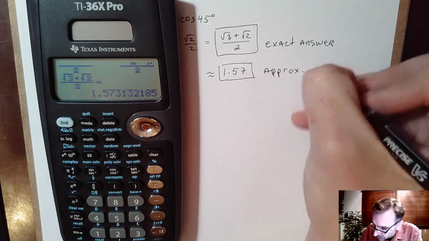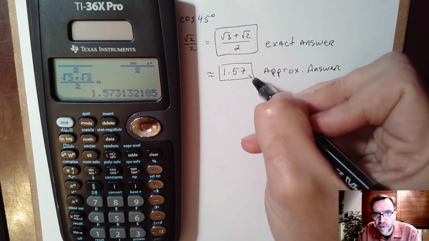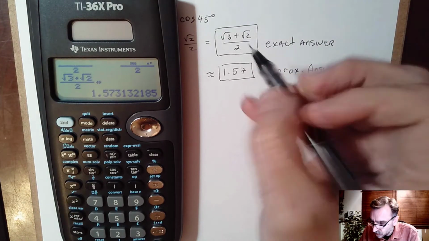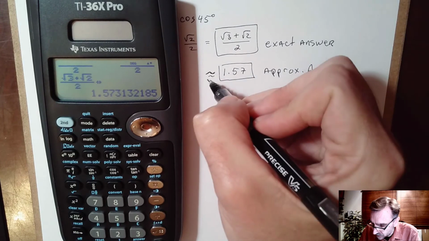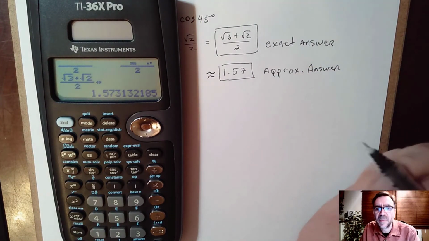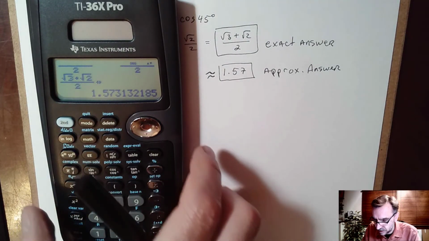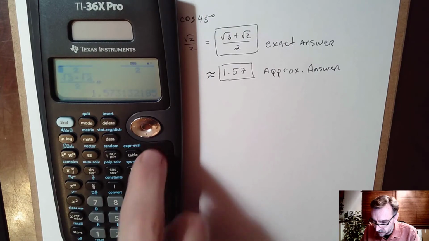Now watch the book. Sometimes it wants the exact answer, and sometimes it wants the approximate answer. When you do the approximate answer, you got to use this little wiggly equals, which reads approximately equal to. So just depending on what the book wants, you give either answer.